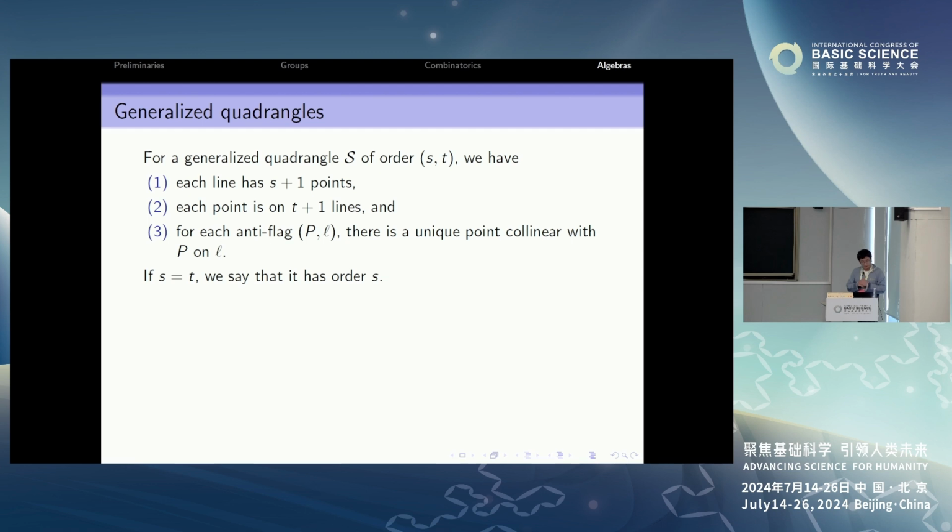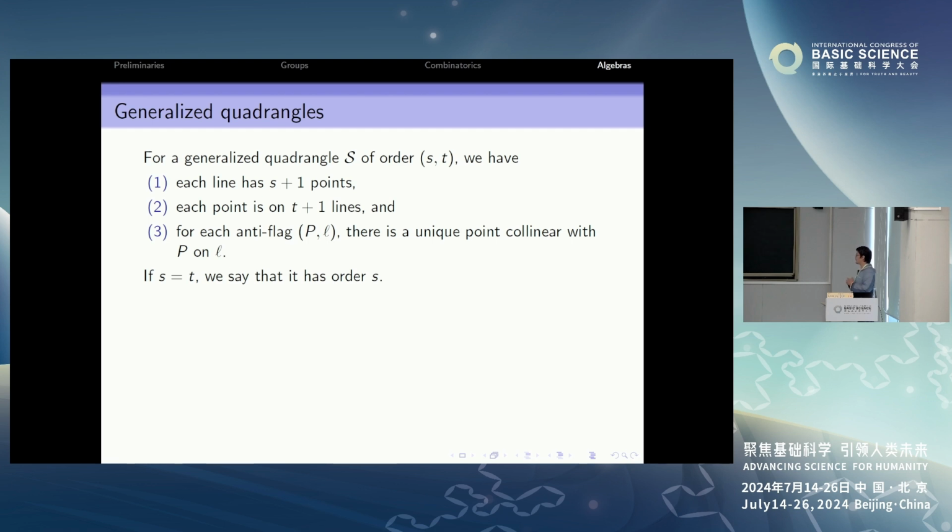So this is a recapitulation of its definition. So fairly simple, three conditions. When s is equal to t, we say that it has order s. The third condition, in a simple way, says a GQ has no triangles, so no ordinary triangle.